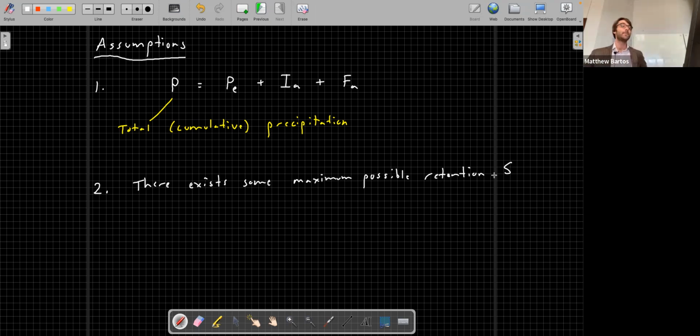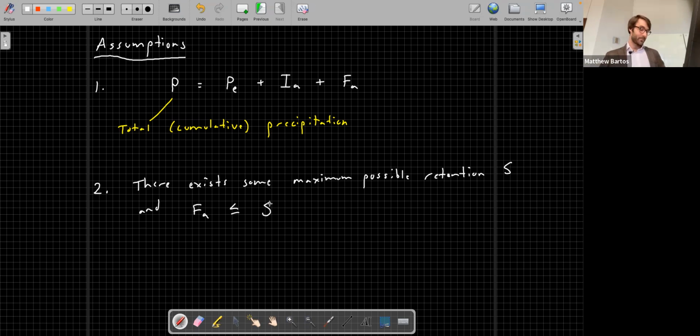So there exists some maximum possible retention S, and FA is less than or equal to this maximum possible retention. Okay. And FA is less than or equal to S.